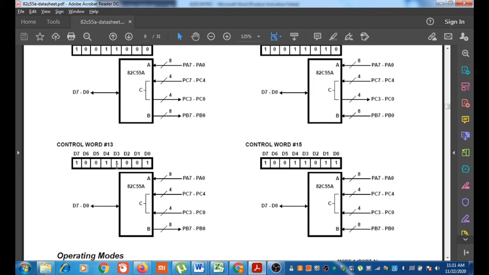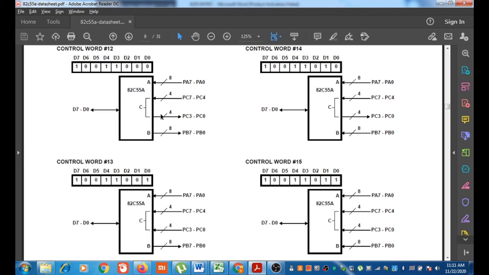98H, or we can use the control word 99H. A is configured as input port and B is configured as output port.